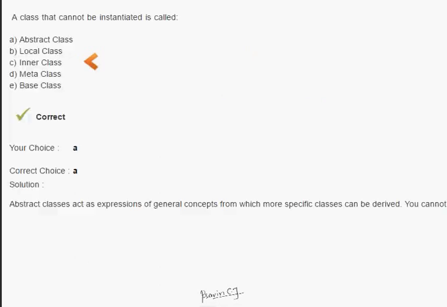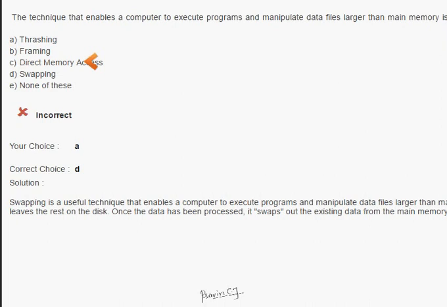Okay, next question. The technique that enables a computer to execute a program and manipulate data files larger than the main memory is called what? Then swapping is done. Swapping is an important term.